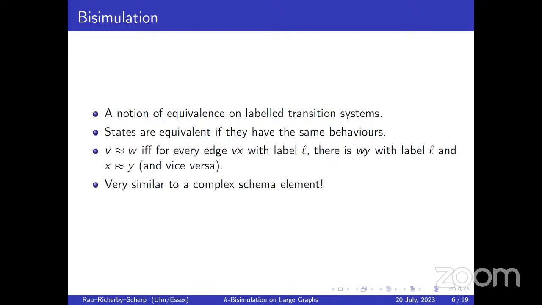So how's that defined? Well, we end up with an equivalence relation where two vertices are equivalent if for every edge coming out of the first one, there's an edge coming out of the second one with the same label and leading to equivalent states.